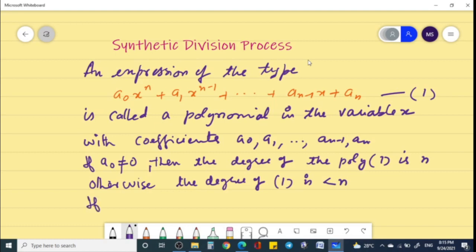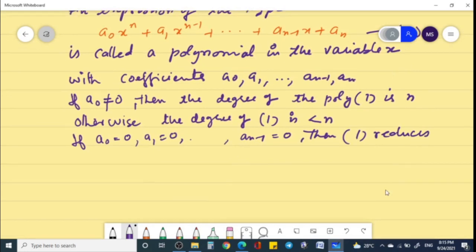If a naught equals 0, a1 equals 0, and finally a n minus 1 equals 0, then the polynomial reduces to a constant polynomial.